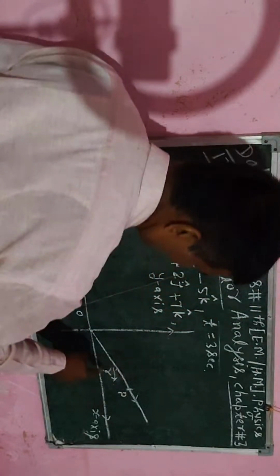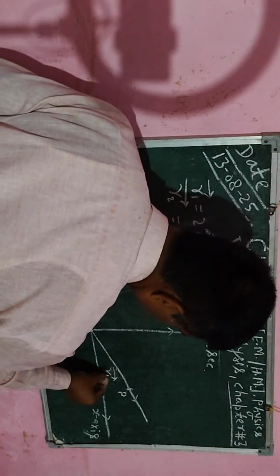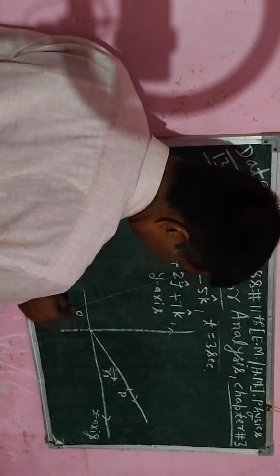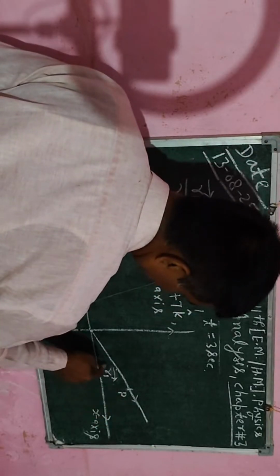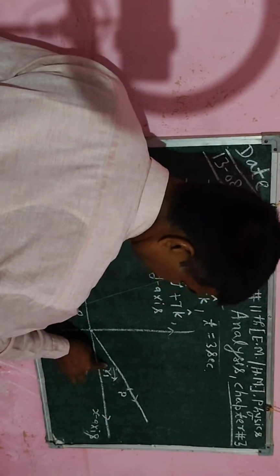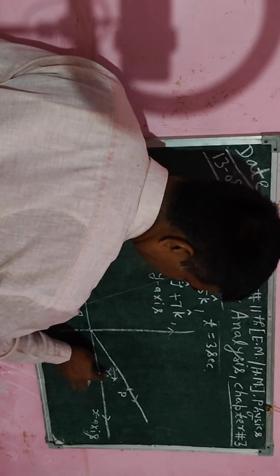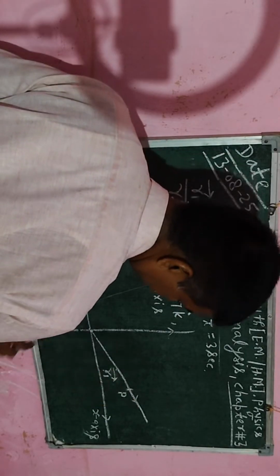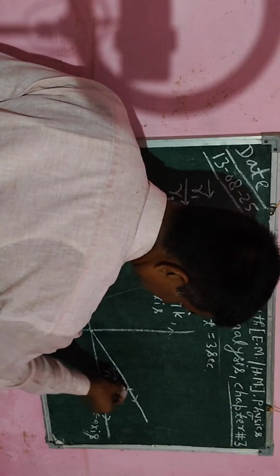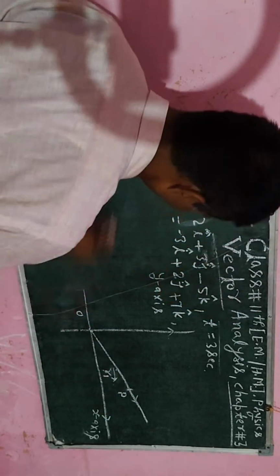So I have to write here a vector which goes from O to P, and I will write it with the help of R1 vector. So I will say this is the first position vector, that is OP.